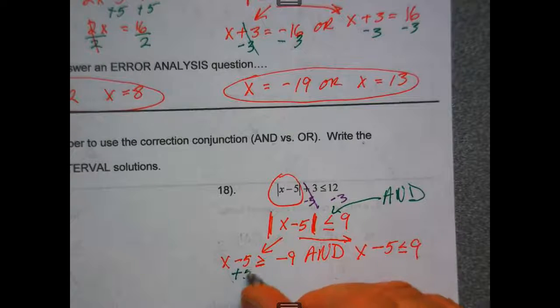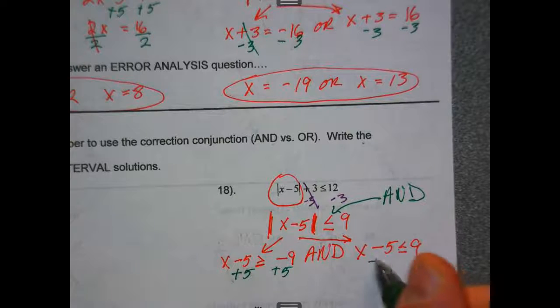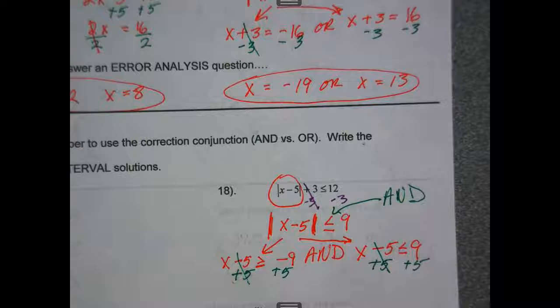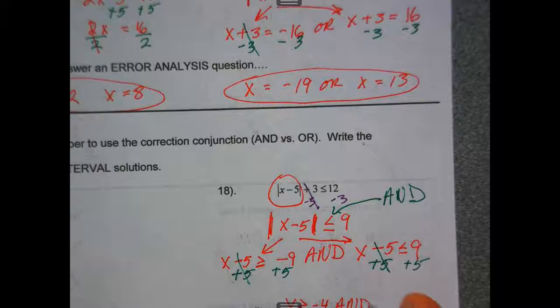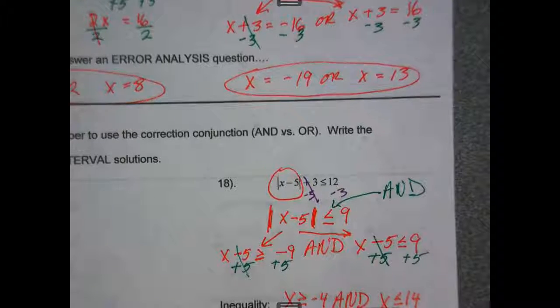Add 5, add 5. So x is greater than or equal to negative 4. And x is less than or equal to 14. Small number, negative 4. Large number, 14.